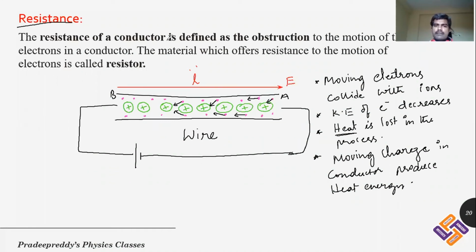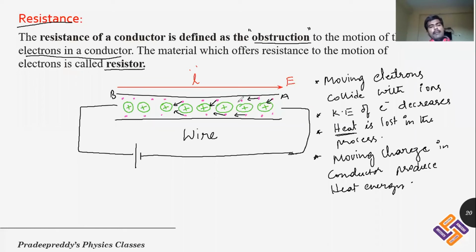Now the resistance of the conductor is defined as obstruction. What is meant by obstruction? Obstruction means it is opposing. Opposing for whom? Electron motion is opposed due to the presence of ions. The resistance of the conductor is defined as the obstruction to the motion of the electrons in the conductor. The material which offers resistance to the motion of electrons is called a resistor.